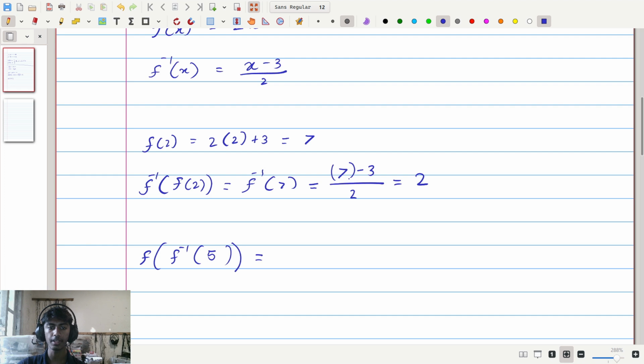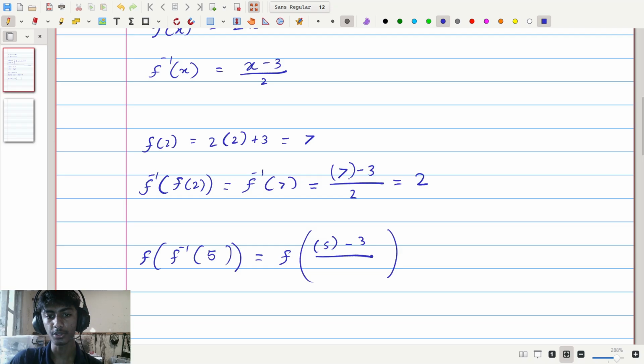So we have f of, and then on the inside, f inverse of 5 is (5 minus 3) divided by 2. We're substituting into x the value of 5. So if we simplify this, 5 minus 3 is 2, 2 divided by 2 is 1. So this is f of 1.